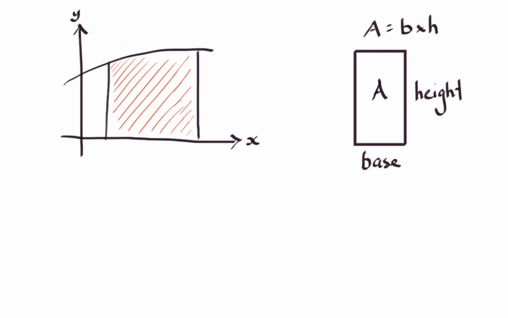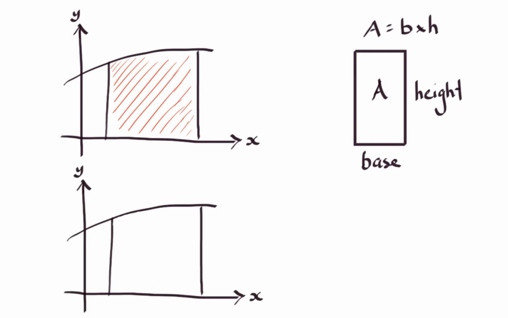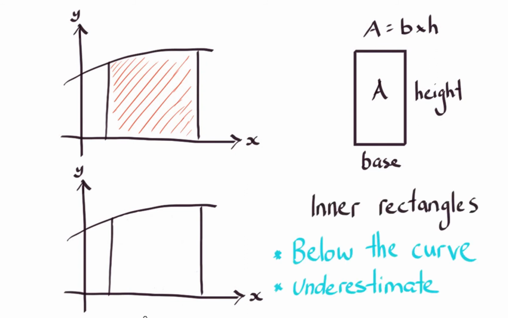Now, neither of those were particularly great because we just used one single rectangle. But if we use more than one rectangle, we can get a more accurate approximation of our area. Let's start with the inner rectangles first, and we'll do 4 of them. These 4 inner rectangles are going to be below the curve, and remember they're going to underestimate our area.